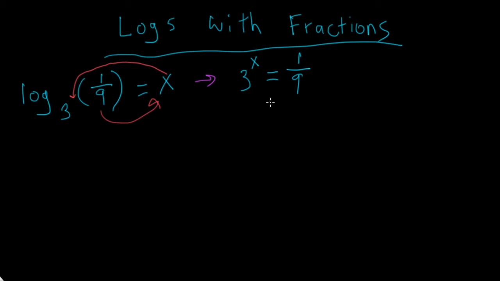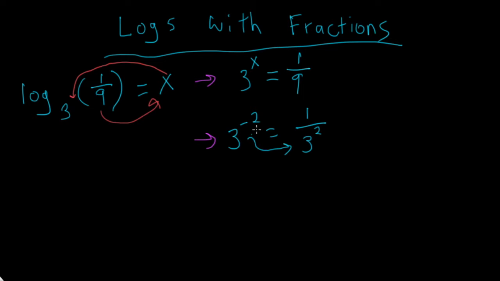Now, how do we get from an exponential form to a fraction? Well, the way we do that is with negative exponents. So 3 to the -2 power is going to equal 1/3 squared. Because if you remember from exponents, anytime you have a negative exponent, it just travels to the bottom of the equation.